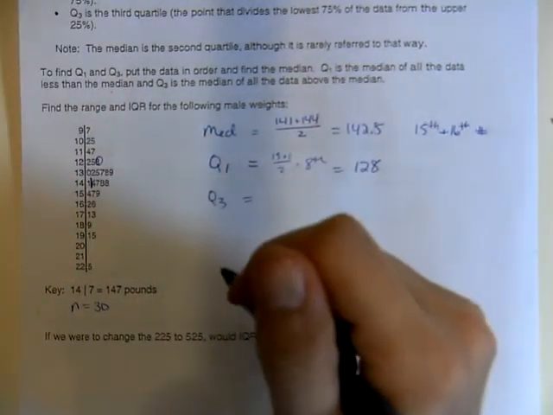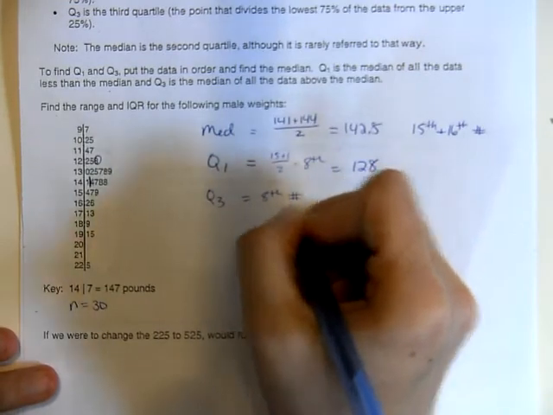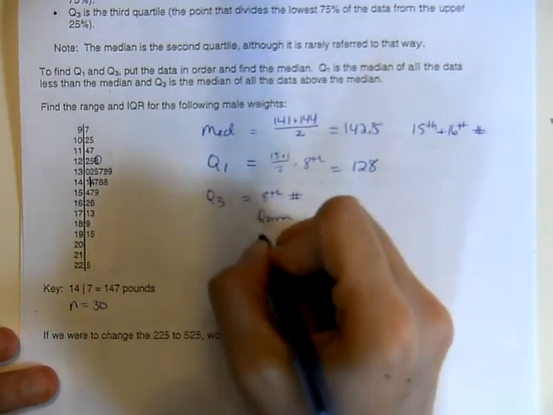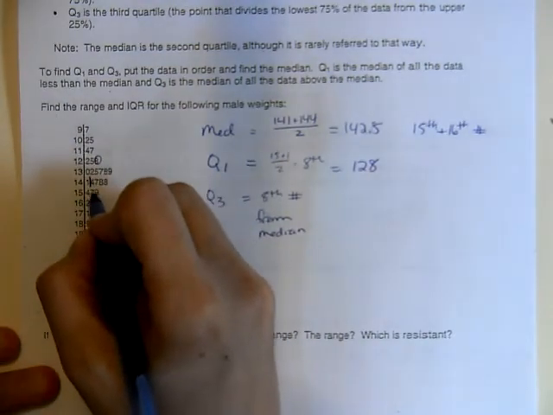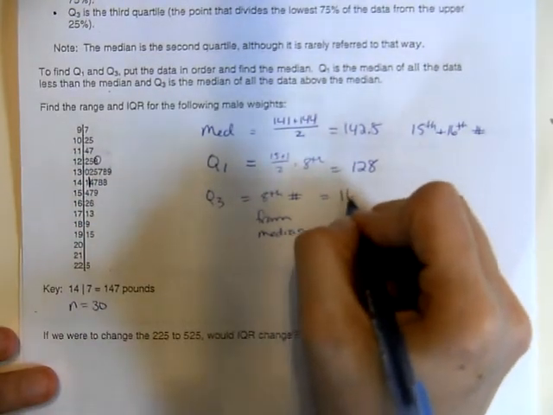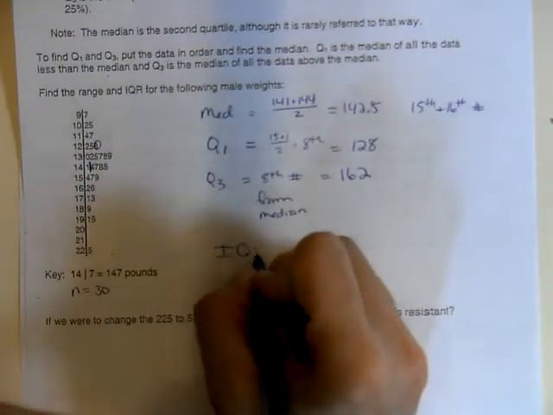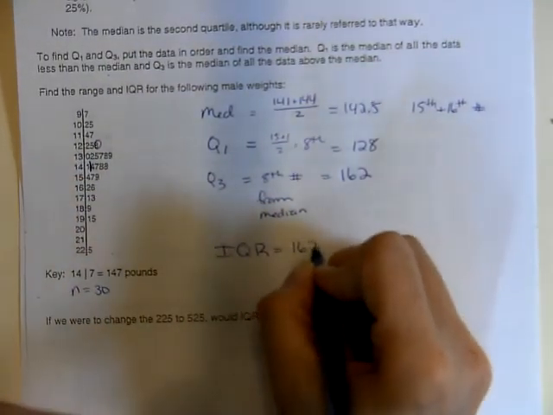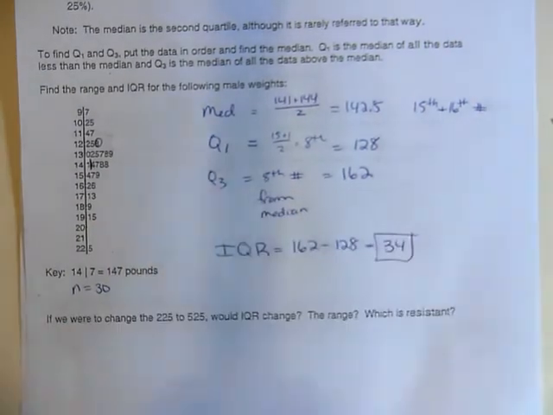Q3, again, is the 8th number from the median. So 1, 2, 3, 4, 5, 6, 7, 8. So it's 162. Then the IQR is 162 minus 128, so 34. Okay?